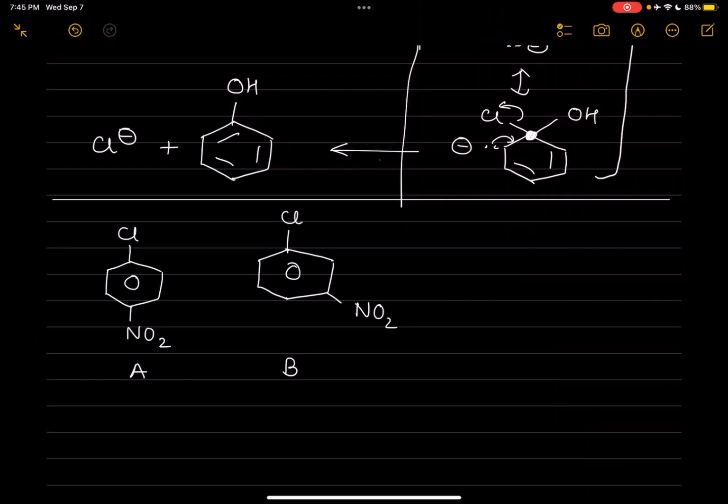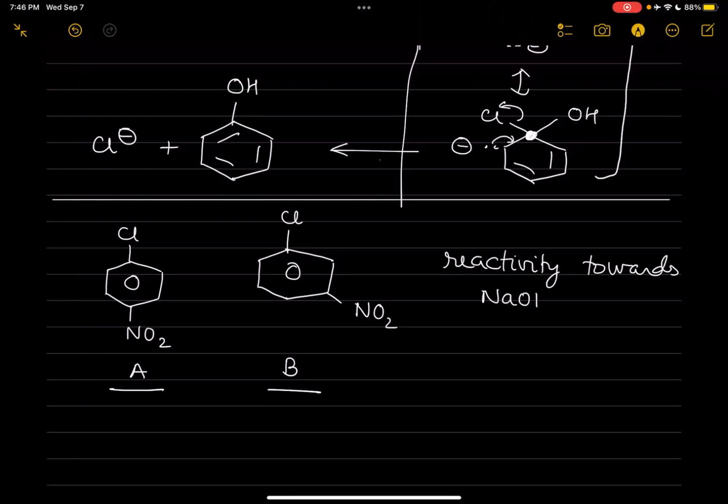Yes, sir, B. Reactivity towards NaOH. So OH minus will come in and will bring minus charge at these positions.